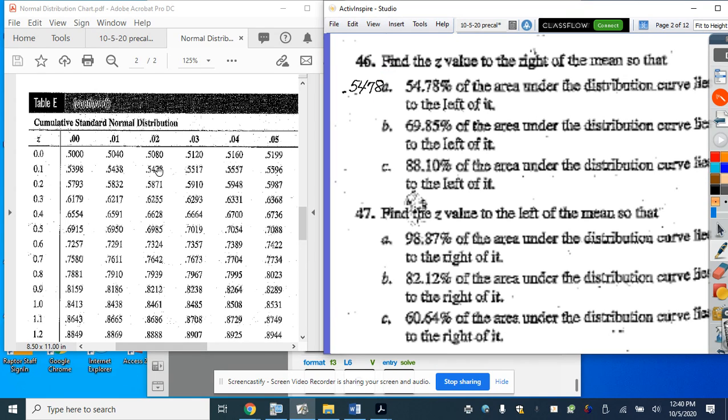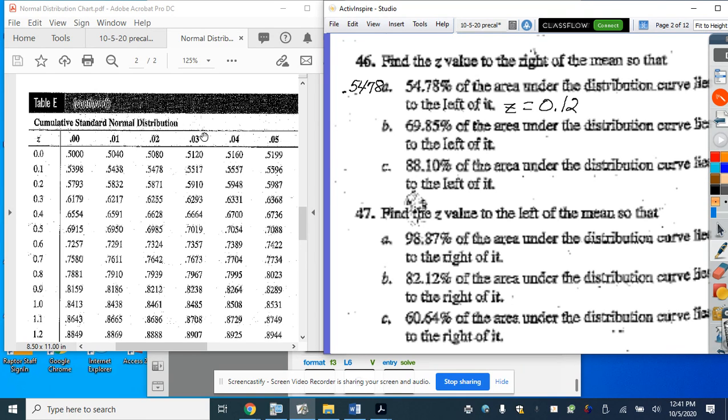So 5478 is right here, okay? And it is 0.1, and my last digit comes from the top, which is the 2. So the answer for this one would be z is equal to 0.12 because I'm going across to get 0.1 and then up to get that last digit.